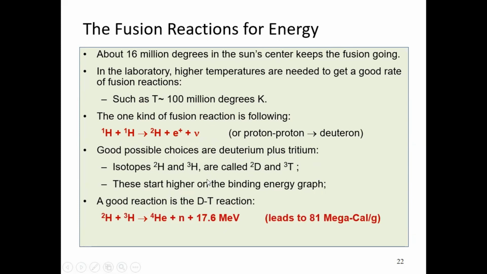These will create the higher binding energy elements in the binding energy graph. So a good reaction is D and D, and it leads to high energy release in the fusion process.